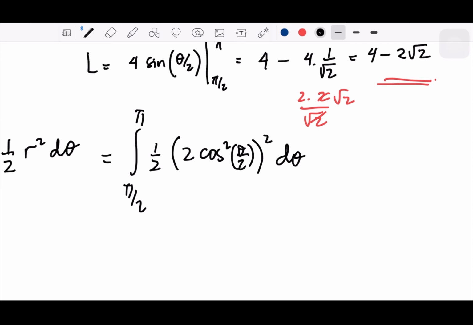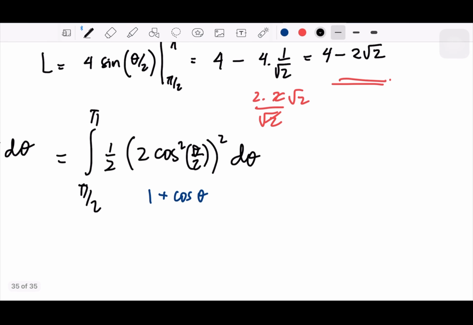Actually, you can use the half angle or double angle several times from there, but I think for this case, I would prefer to put 1 plus cosine theta in the equation, because it will have more shortcut there rather than the cosine with power of 4.